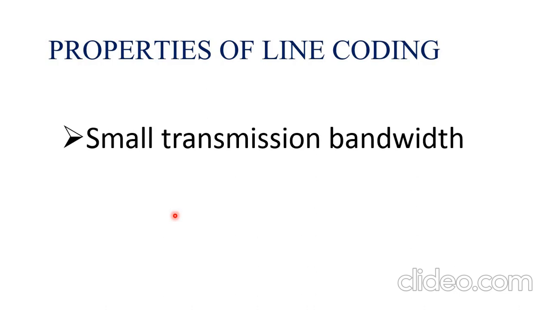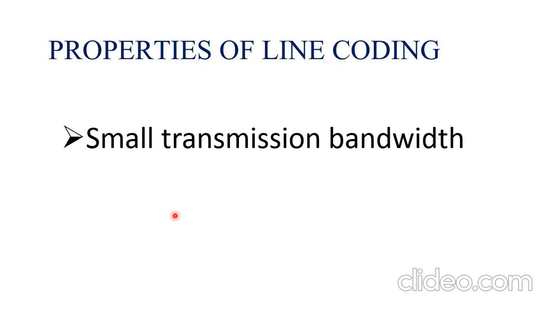Number 1, small transmission bandwidth. As the coding is done to make more bits transmit on a single signal, the bandwidth used is much reduced.